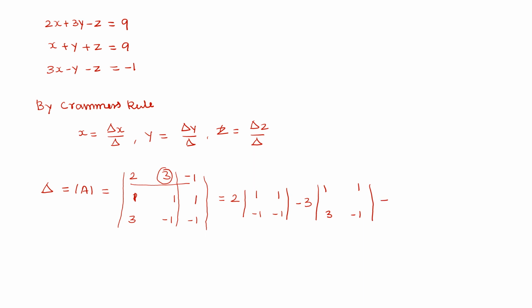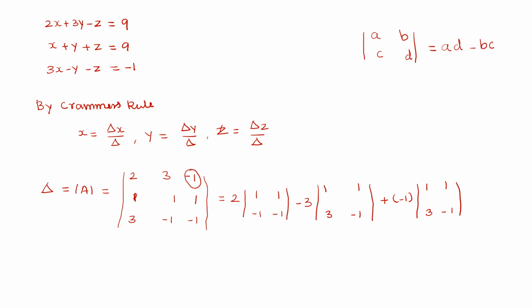Then the positive of -1. Once again we find the minor matrix of -1, that is the A1,3 place. We remove the first row and the third column and get 1, 1, 3, -1. Now we expand the matrix. Recall how to expand a 2 by 2 minor matrix: if the matrix is of the form A, B, C, D, then you write AD minus BC.